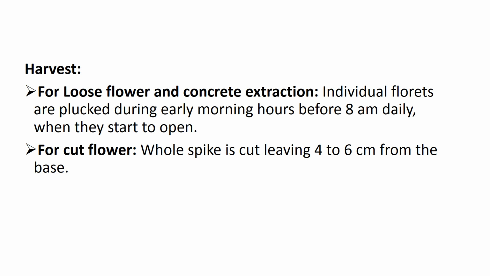If we are going to harvest loose flower, then we should pluck it during early morning before 8 a.m., when the flower just starts to open. But in case of cut flower, we can take the whole spike, the whole inflorescence, leaving 4 to 6 centimeter from the base. Means just leaving 4 to 6 centimeter, we can cut the stem with flowers.